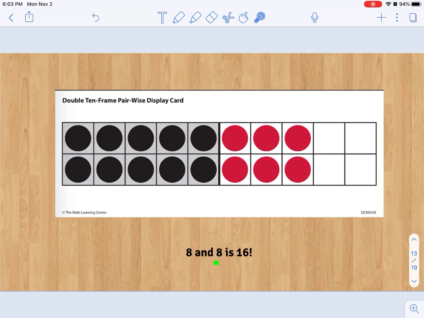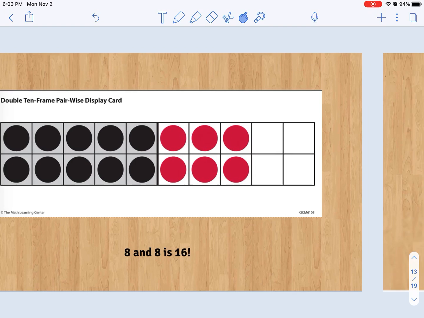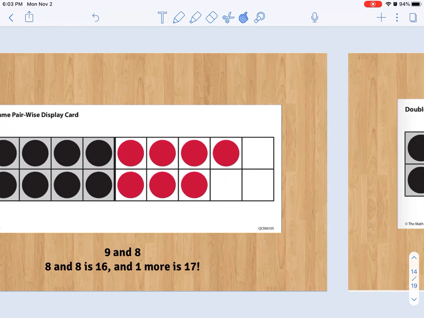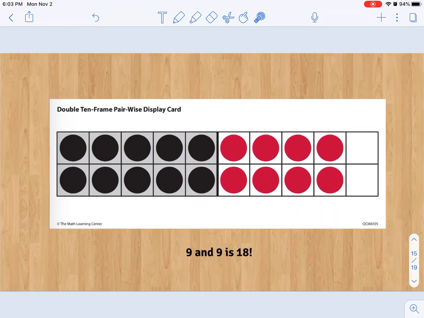8 and 8 is 16. 9 and 8, 8 and 8 is 16, and 1 more is 17. 9 and 9 is 18.